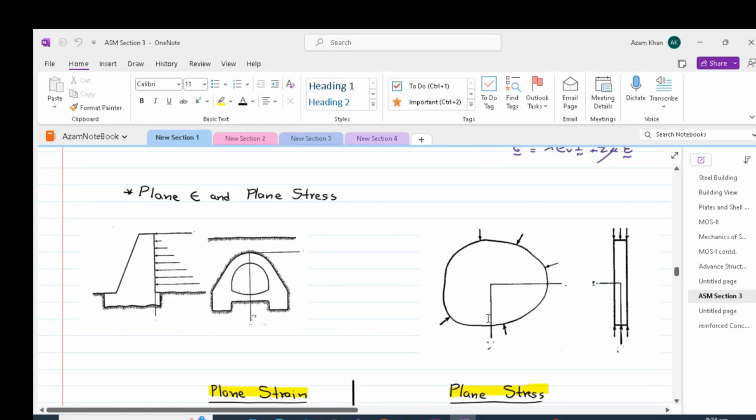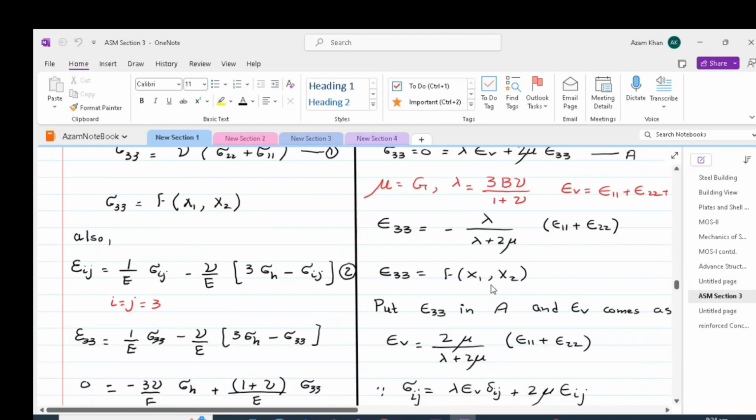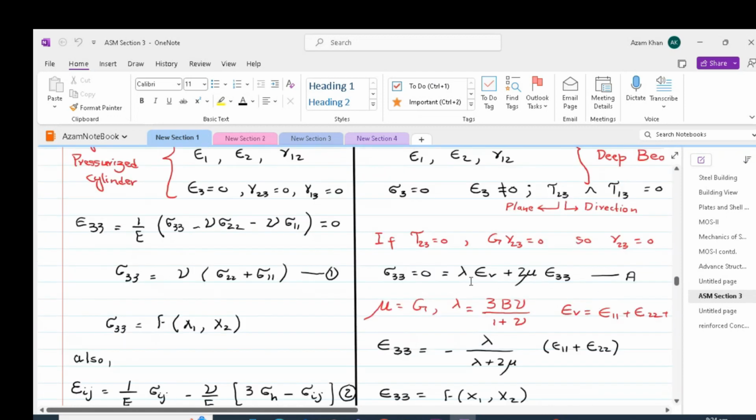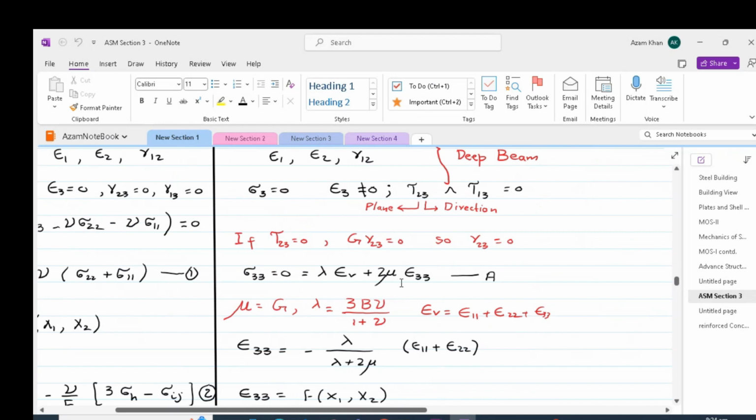So we are assuming that the outward drawn normal in the 3 direction is towards the thickness. So we have the cross section x1, x2 in plane of the cross section, and x3 is the outward drawn normal, which is out of plane, and that stress is taken as 0.